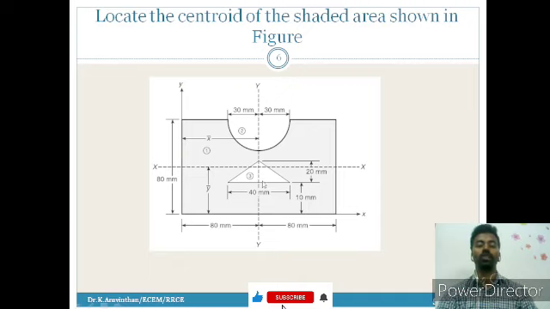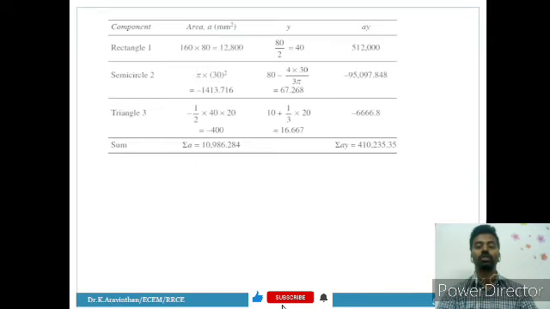So you can find the area of the rectangle and its centroid, and subtract the remaining. This is a half circle, the second portion, and there is a triangle. So we can subtract the second and third shapes from the first one. Let us quickly solve this.